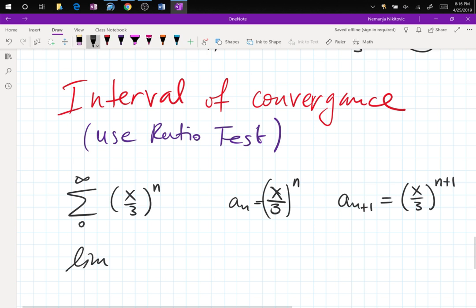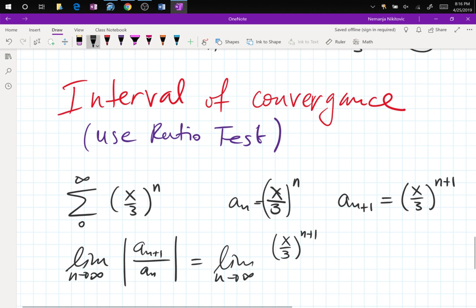We need to do the limit as n goes to infinity of an plus 1 divided by an in absolute values. Now these absolute values matter a lot. Limit as n goes to infinity of x over 3 to the n plus 1 divided by x over 3 to the n in absolute values.